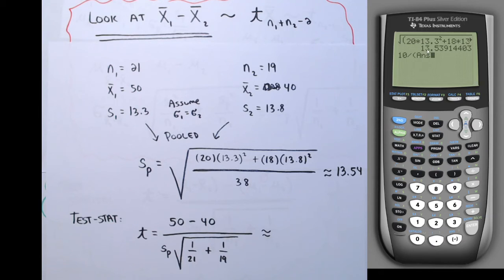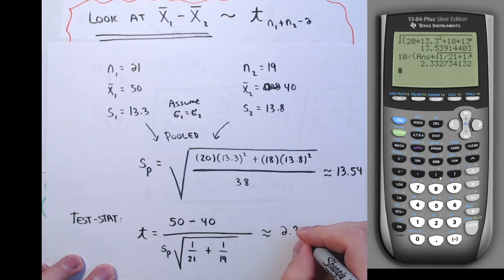That's the previous number, times the square root, and all inside this square root is 1 over 21 plus 1 over 19. Then I close the parentheses, finishing the denominator off. And we're getting approximately 2.33.